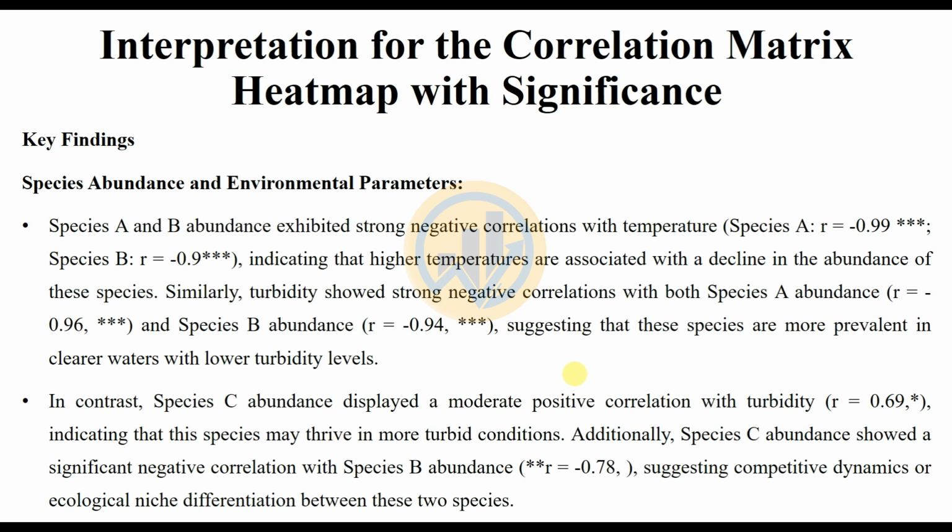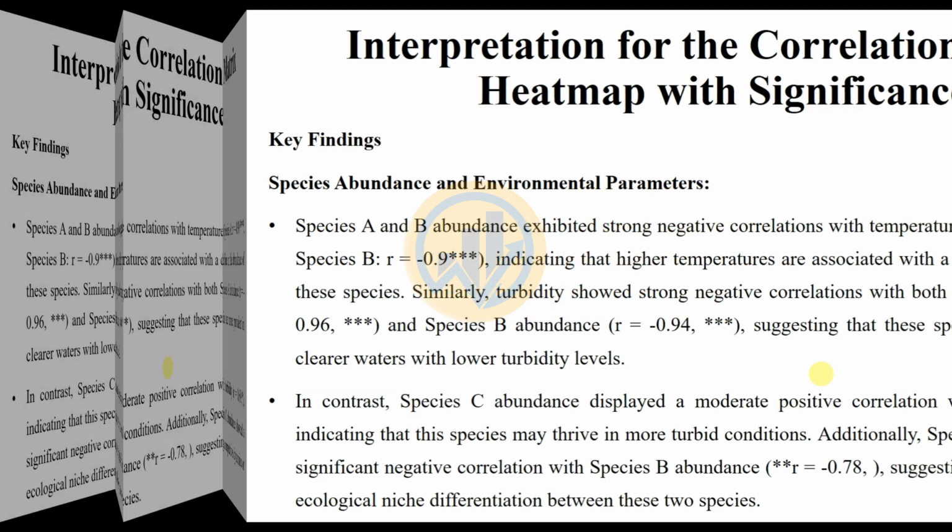Additionally, species C abundance showed a significant negative correlation with species B abundance, R is equal to minus 0.78, suggesting competitive dynamics or ecological niche differentiation between those two species.